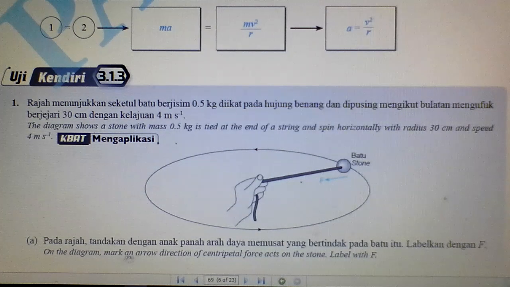A, on the diagram, mark an arrow in the direction of centripetal force on the stone, labeled with F. Okay, so you can mark the direction towards the center of the rotation, meaning to the hand along the string.